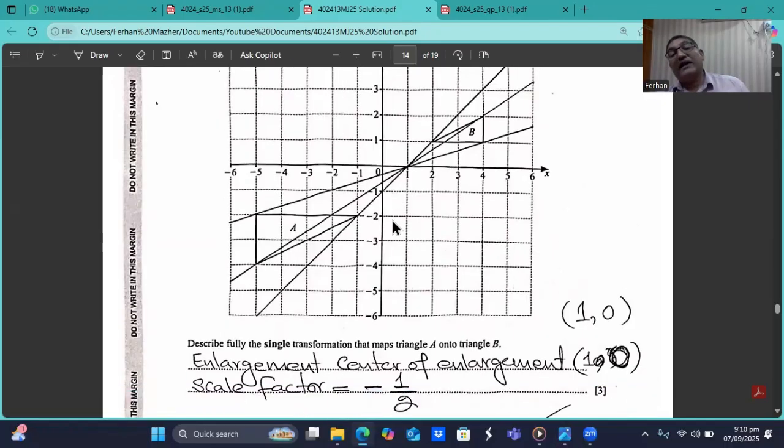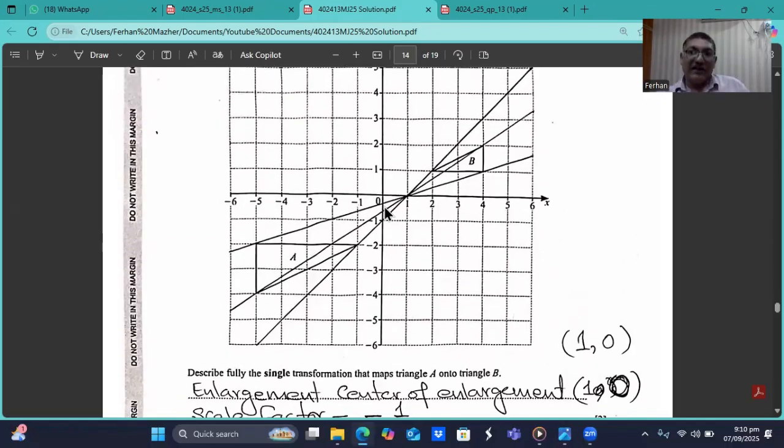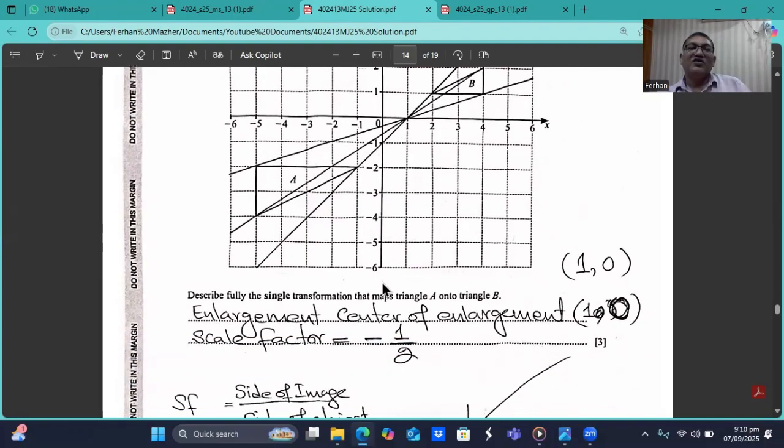Now, another very important thing is that we have to find out the scale factor. So one method is, you can see that this is the image. The scale factor is the distance of the image from the center of enlargement divided by the distance of the object from the center of enlargement. So here you can see this is one diagonal away, and its corresponding point is 2 diagonals away. So image distance divided by object distance, that is 1 divided by 2.